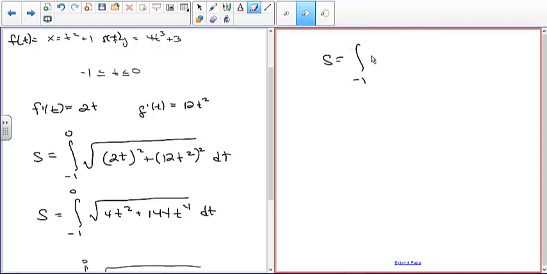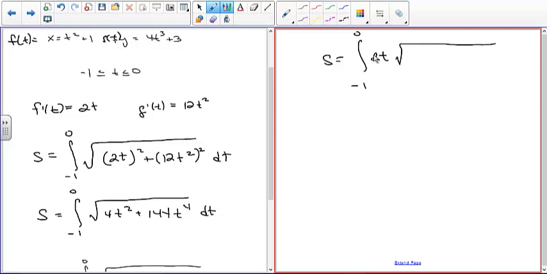Oh no, I don't need to leave space because it's inside the integral. So it's going to be from negative 1 to 0 of 2t times the square root of 1 plus 144 divided by 4, which is 36, plus 36t squared, dt.